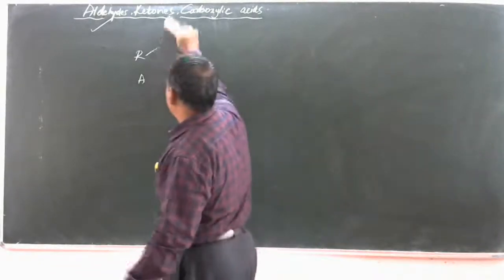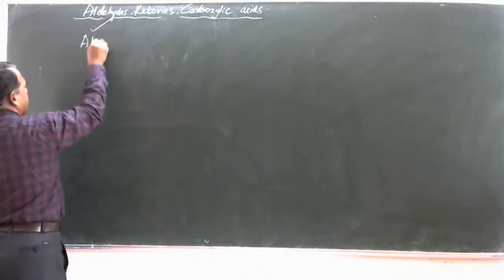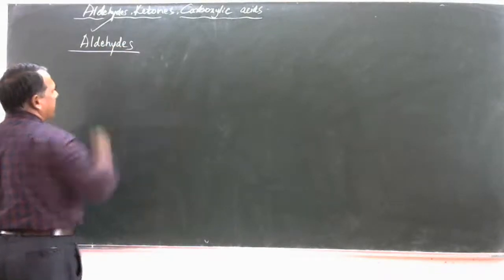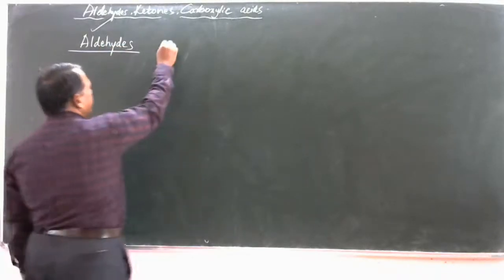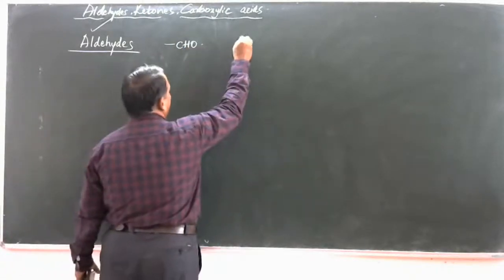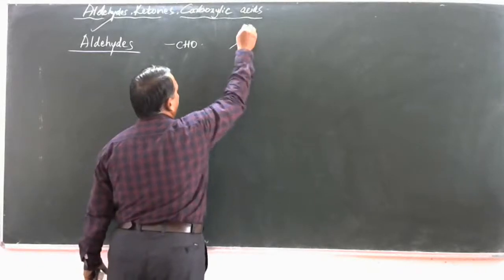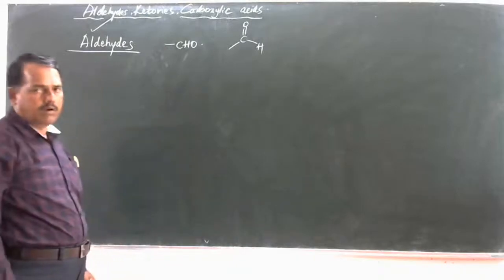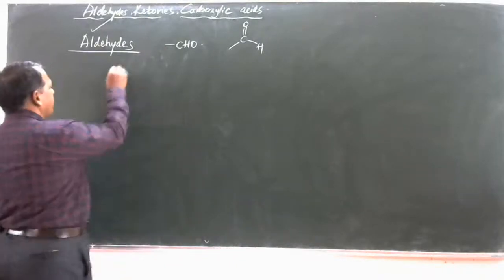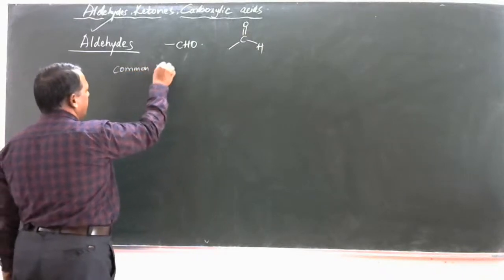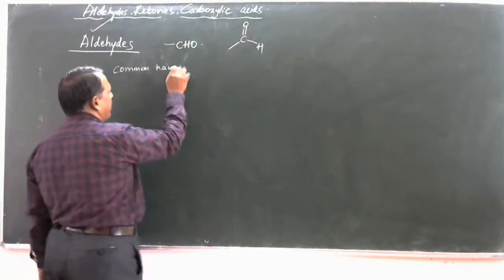See, we shall study about aldehydes. Its functional group is CHO, and it can also be written as C, then again H. Are you clear? This is nothing but an aldehyde functional group. And we shall study some common names, which are also called trivial names.